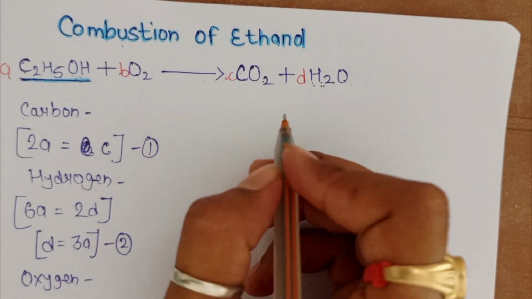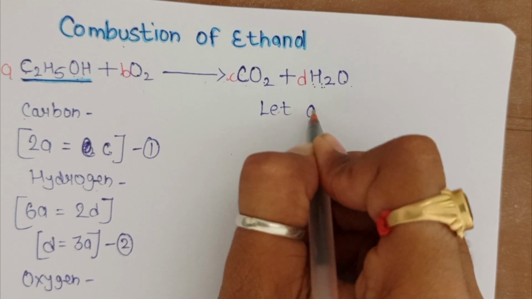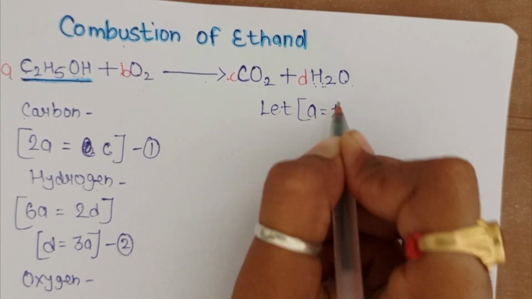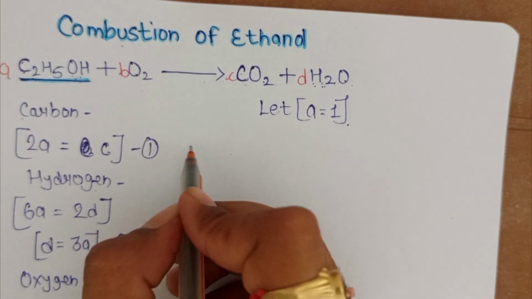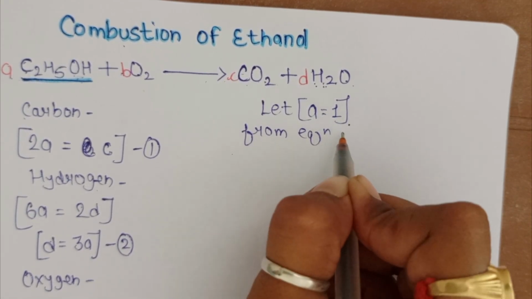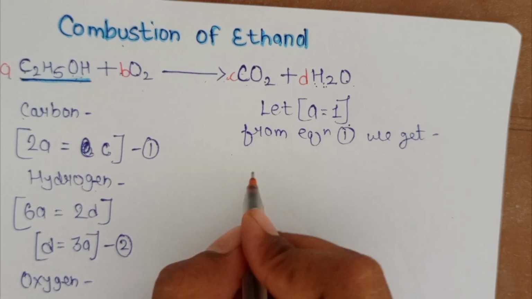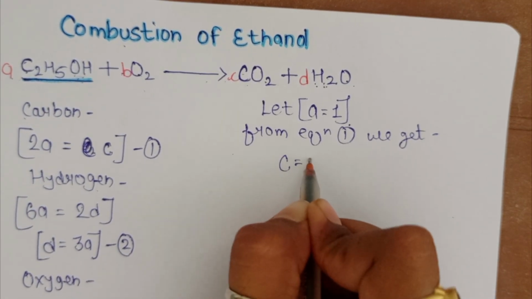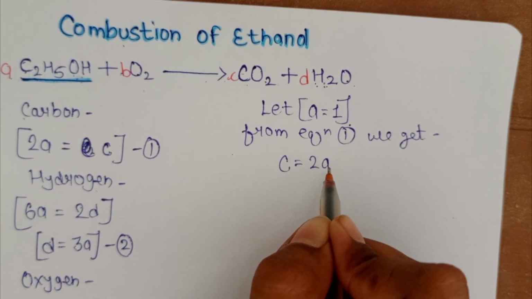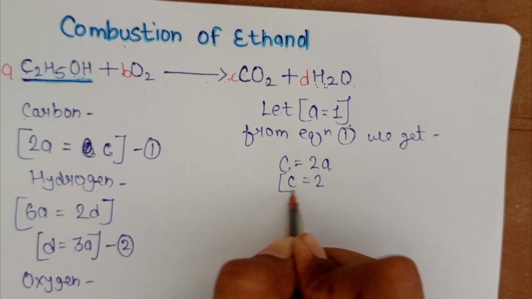Now let A is equal to 1. If A is equal to 1, from equation number 1, what do we get? C is equal to 2A. On putting the value of A in this, we'll get C is equal to 2.